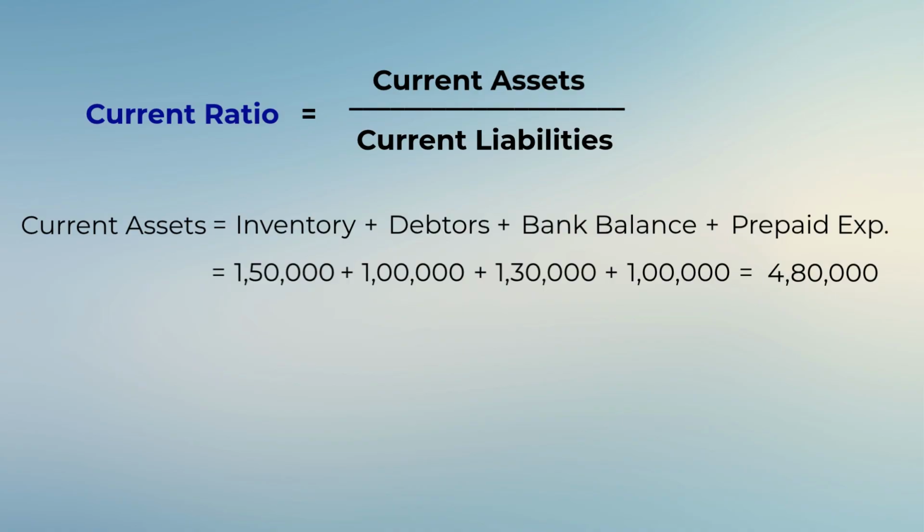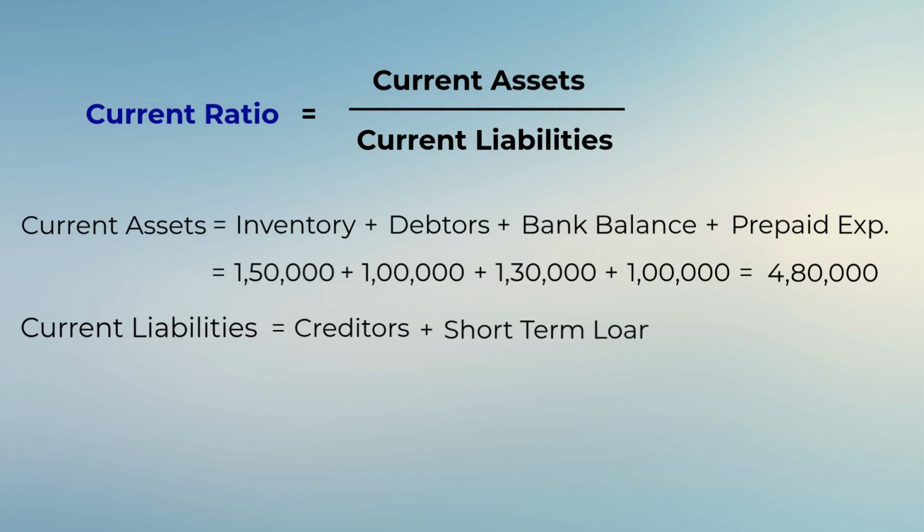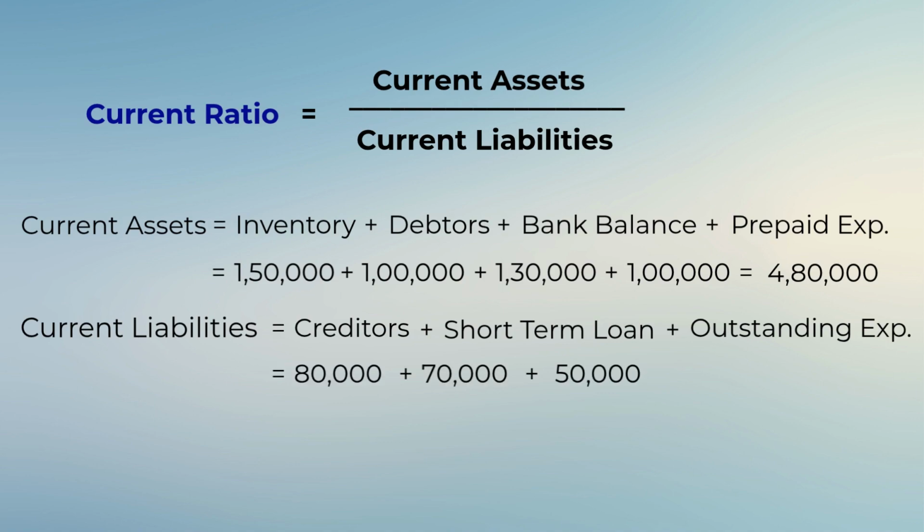Now the next question is, what are current liabilities? Current liabilities from the balance sheet we have can be obtained by adding creditors, short-term loan, and outstanding expenses. After putting all the numbers from the sample balance sheet, we get the figure as 2 lakhs.